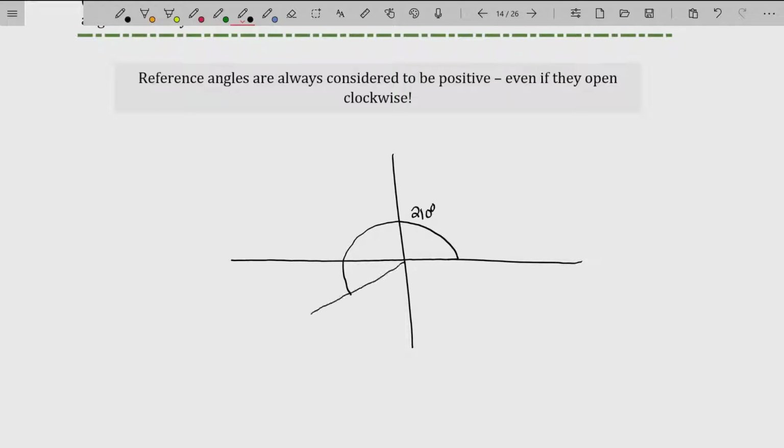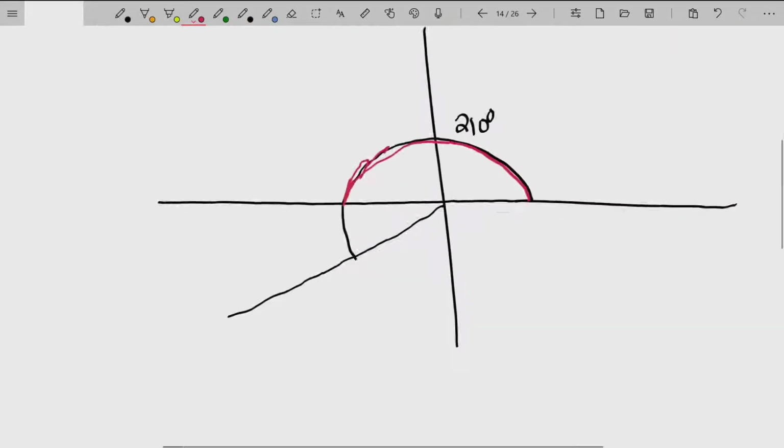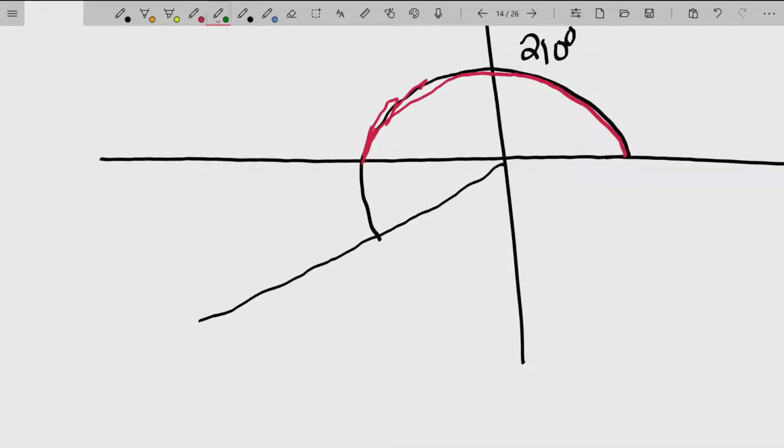Well, we know we've gone beyond the x-axis, right? We've circled all the way around to the negative x-axis here, and we've gone a little bit more, and it's that little bit more that we're interested in. That is called the reference angle.